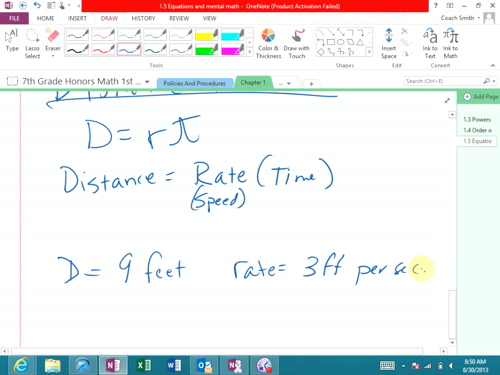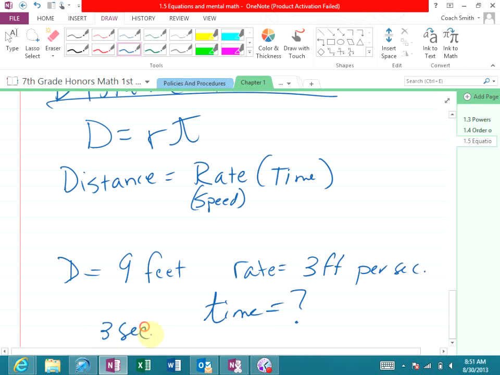So they want to know how long did you travel. So they want to know time. Okay? So if I went 3 feet per second and I traveled 9 total feet, how long did I travel? Derek, 3 seconds. Okay? 3 seconds.